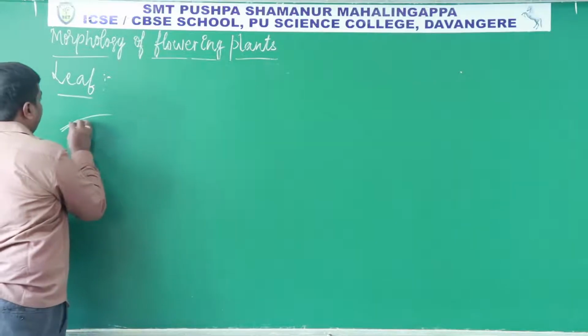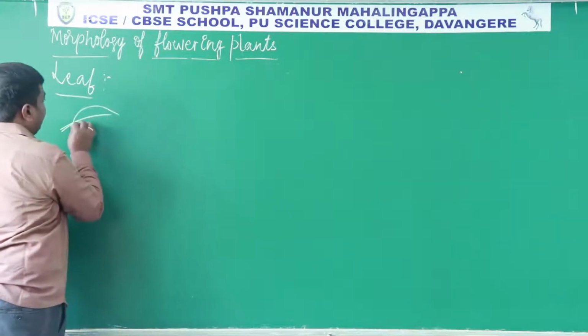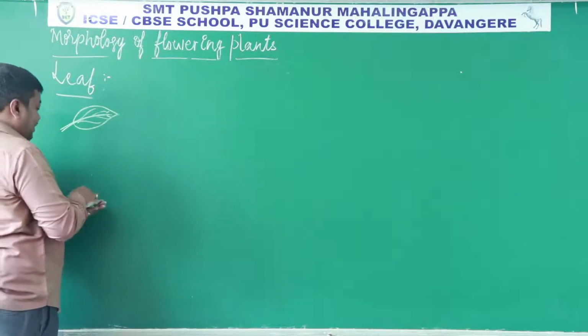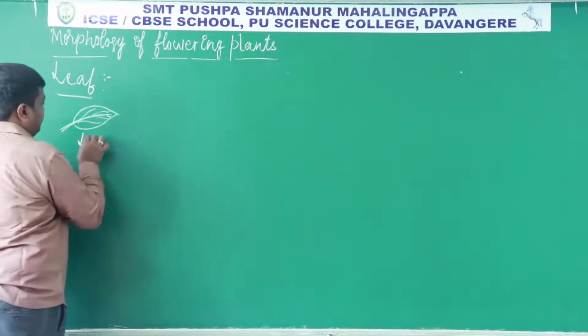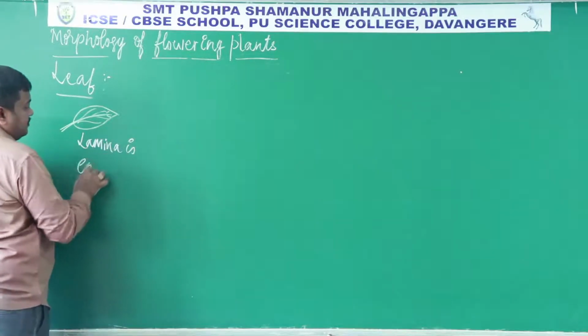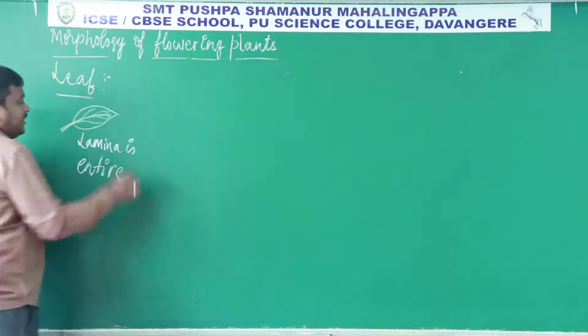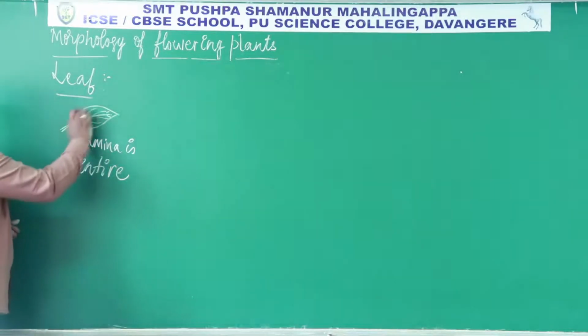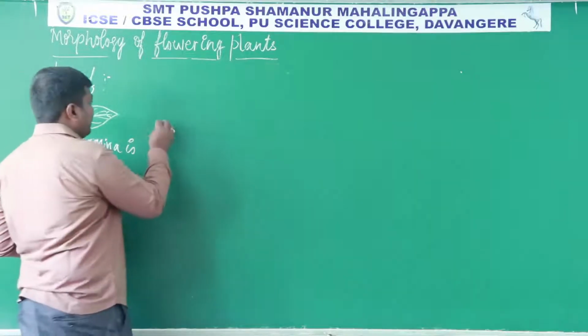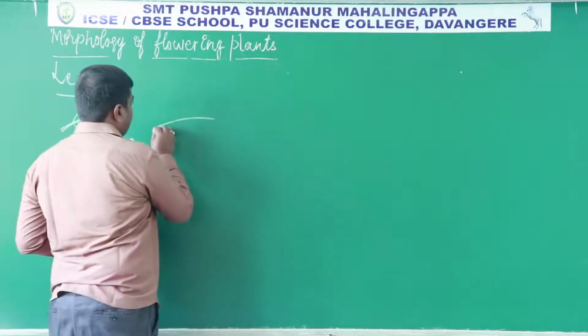This kind of leaf is called entire. So here the lamina is entire. And sometimes the lamina undergoes incision.